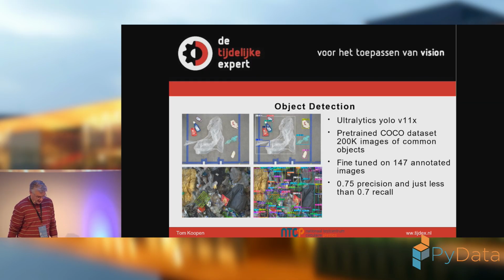So the first thing, object detection. Like I said, you want a bounding box around every object in the image. We started out with the upper images, where we have really separate objects, just to see whether it works and whether we can develop it. This is what we did at NCP.